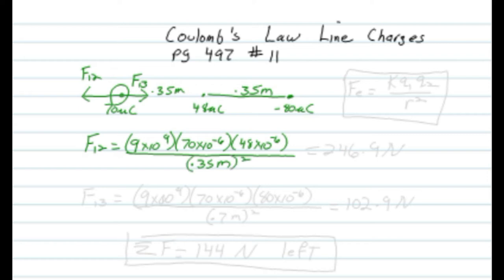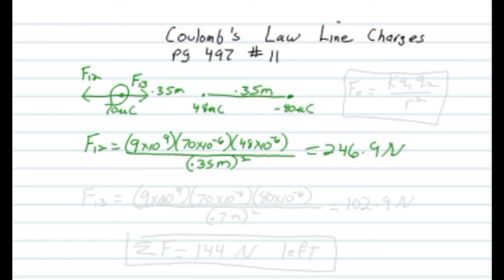We'll punch this all into the calculator. 9 times 10 to the 9th times 70 times 10 to the negative 6 times 48 times 10 to the negative 6. We get 30.24 divided by 0.35 squared. We're getting 246.9 newtons.